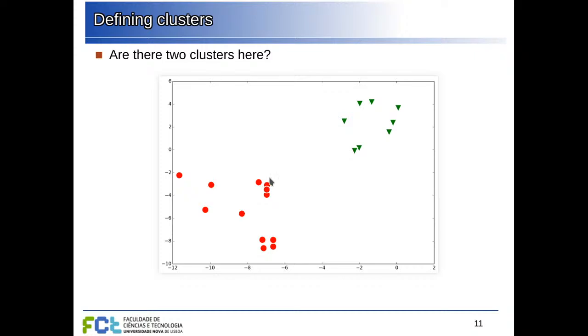We have a set of points over here and another set here that we are marking with red circles and green triangles. But we could say that there are three clusters, because these four are really not quite as distributed as these here. So we could separate these circles, the squares and the triangles, or maybe separate a bit more, these three here, or maybe single out these two.